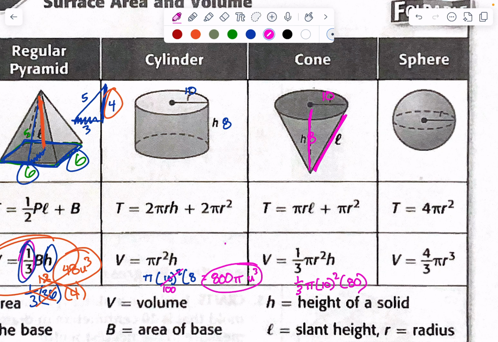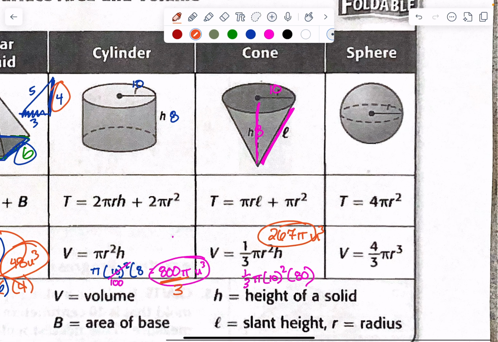So instead of 800 pi, it's a third of that, 800 pi over 3. What's 800 divided by 3? 266 and 2/3, something like that, so about 267 pi, units cubed.